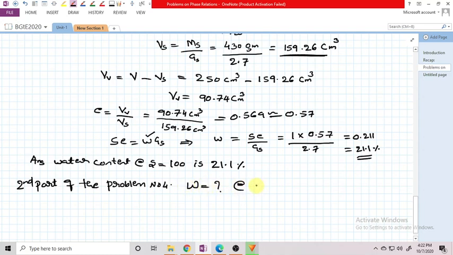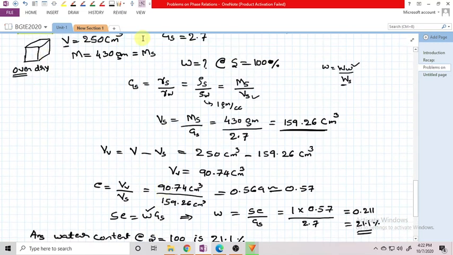They are asking for the water content at total volume increased by 10%. Now, your total volume earlier was 250 cm cube.